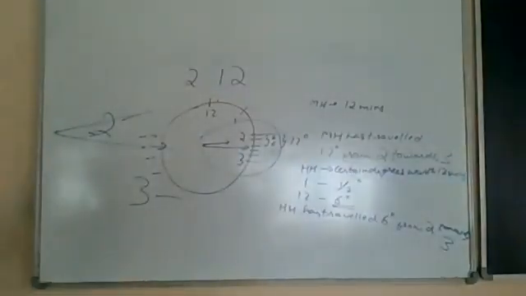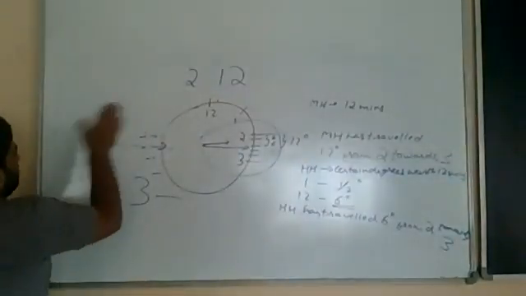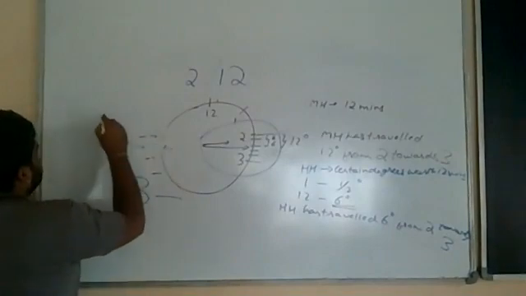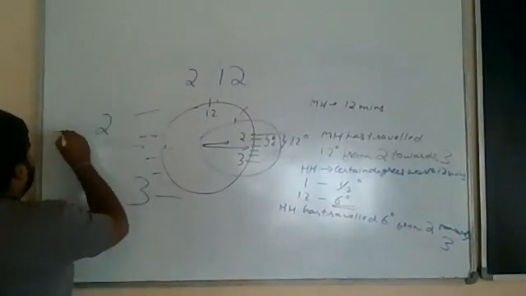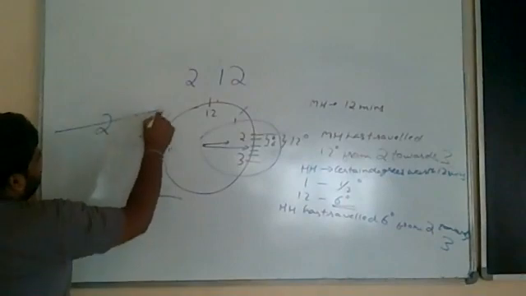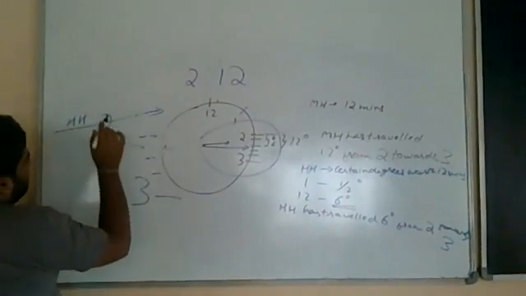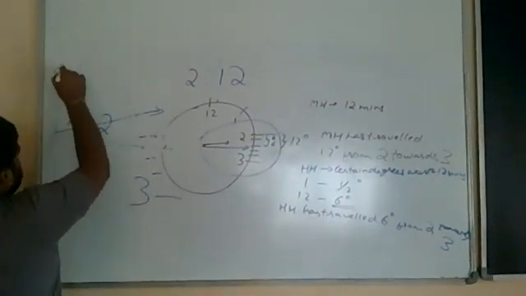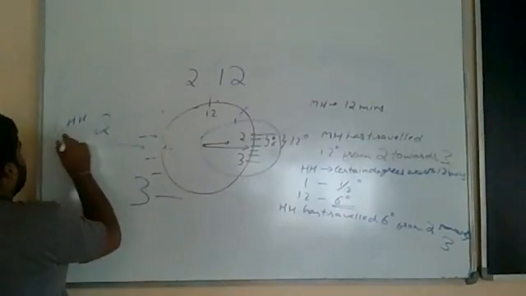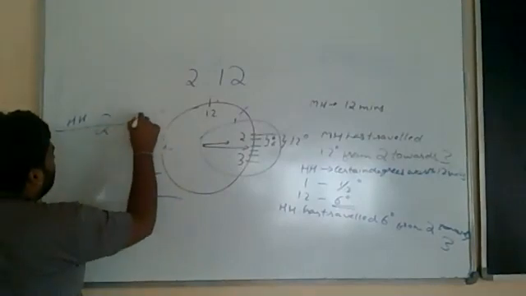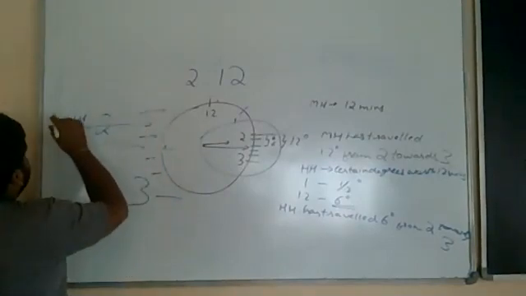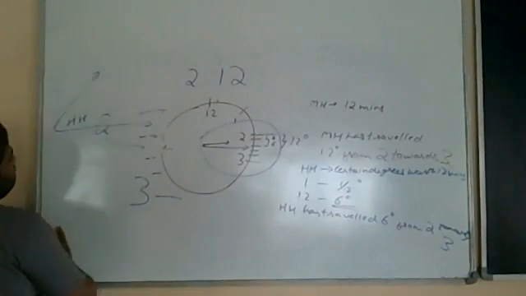I will try to explain once again. At 2 p.m., the hour hand was here. The minute hand was somewhere here. At 2:05, the hour hand has started moving, and now it is somewhere in between. But the minute hand is here.